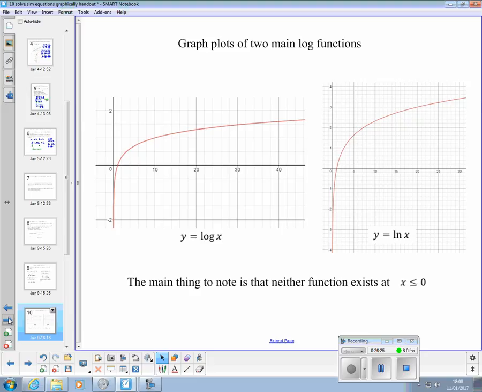So you'll get an error on your calculator if you put the log of 0 or the log of a negative number in. Same with the natural logarithm. They don't exist for numbers equal to or less than 0. Alright?